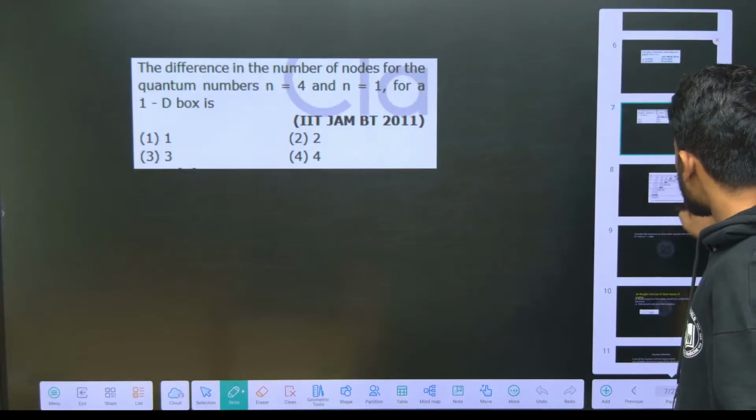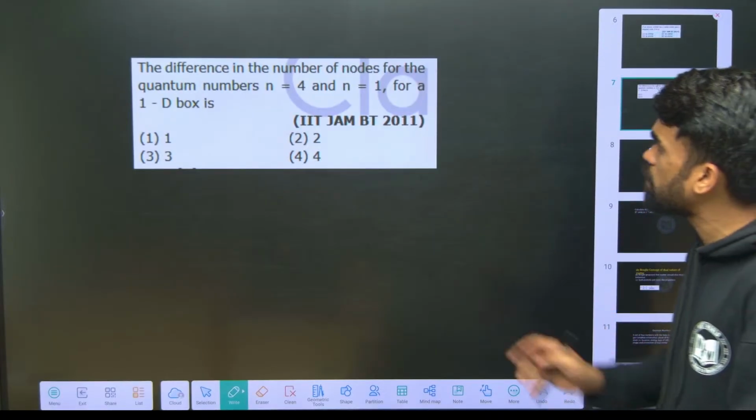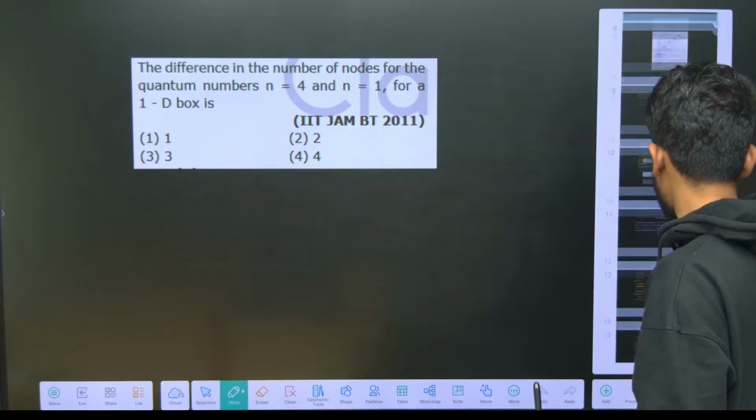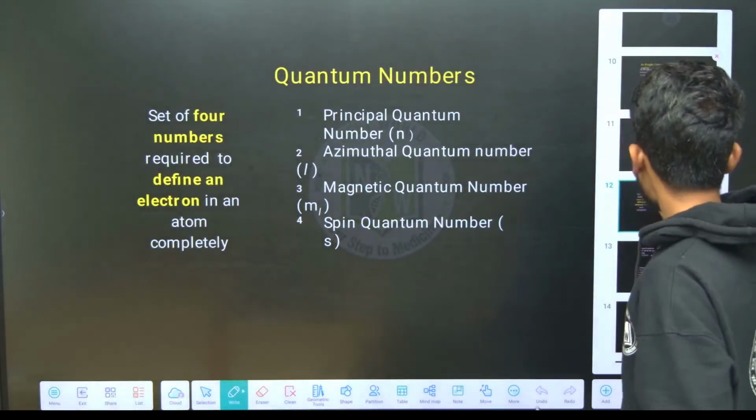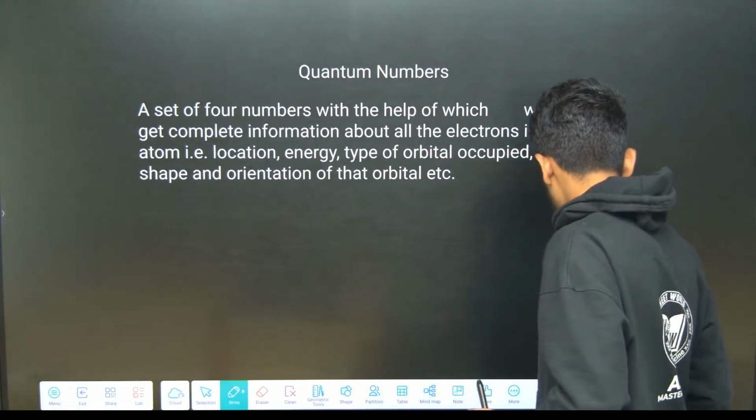Now I will make you feel clear with these quantum numbers in this particular session. So what exactly are quantum numbers? This is a quantum mechanical model of atoms, of electrons.